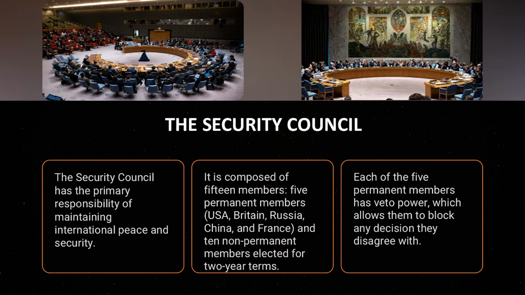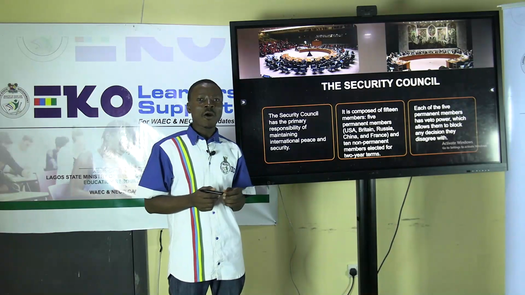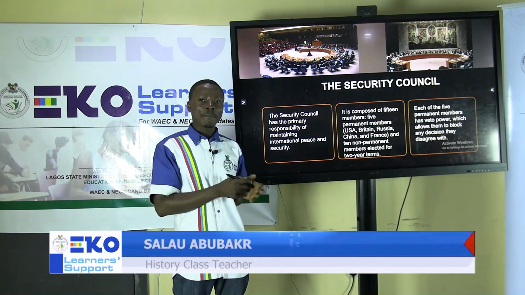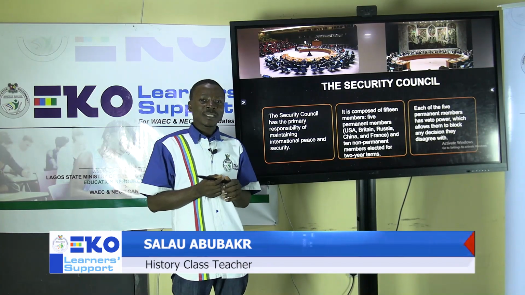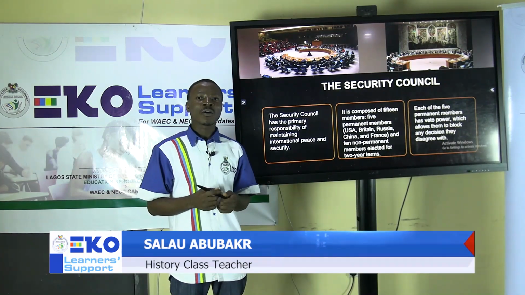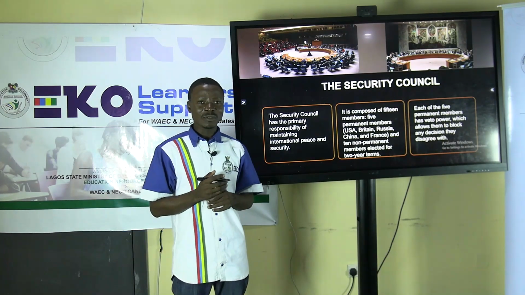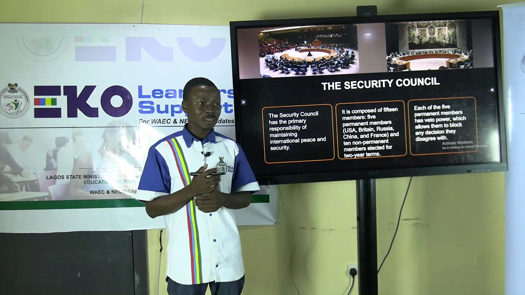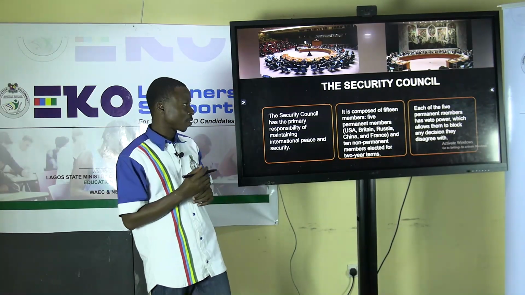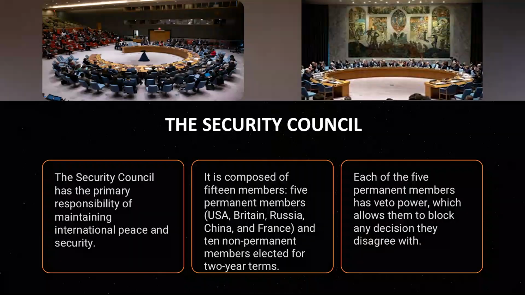The 5 permanent members are the United States, France, Britain, China, and Russia, while the other 10 non-permanent members are selected and rotated among all other member states, considering geographical location and equal distribution among regions.